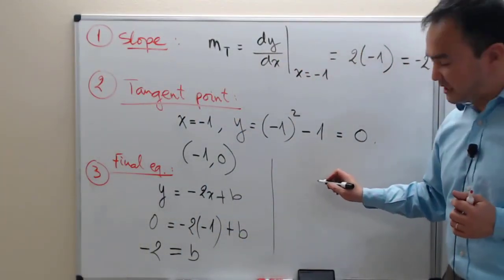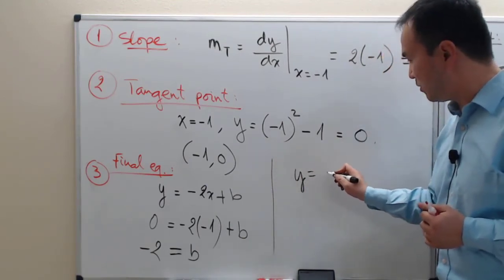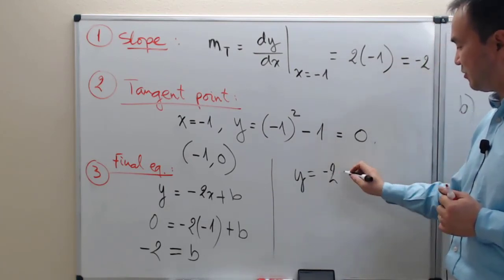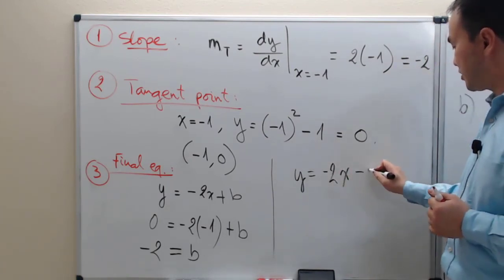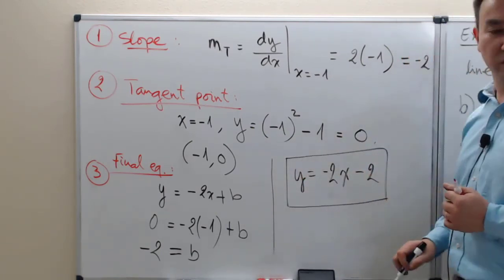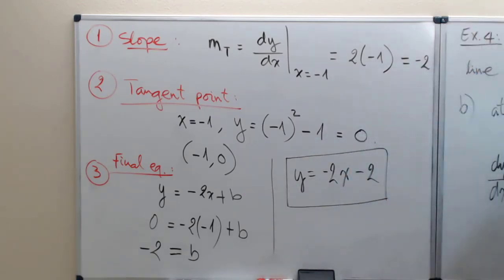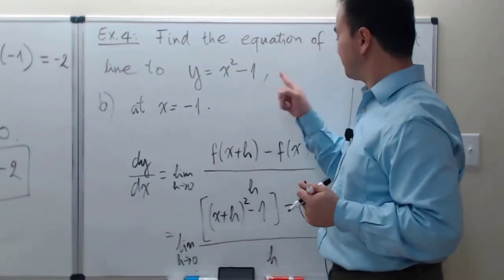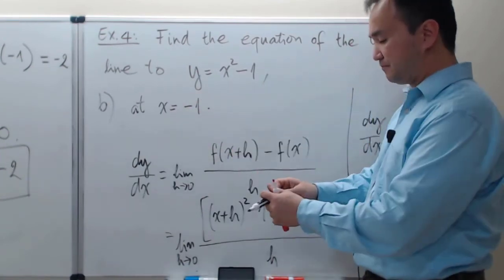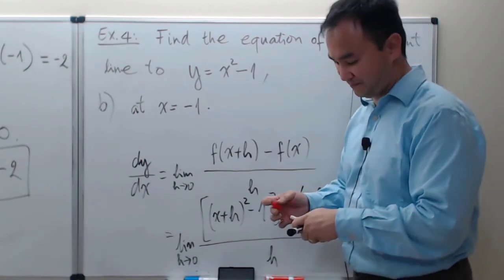Our equation of the tangent line at x equals -1 is y equals -2x minus 2, where -2 is the slope, and this is the equation of our tangent line. Same function, but switching to a different x value, so we're expecting a different equation of the tangent line.